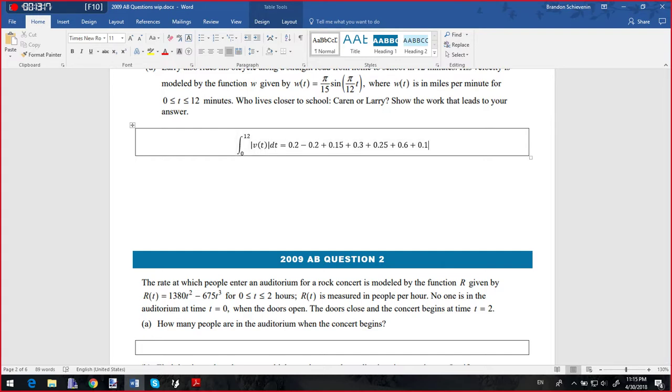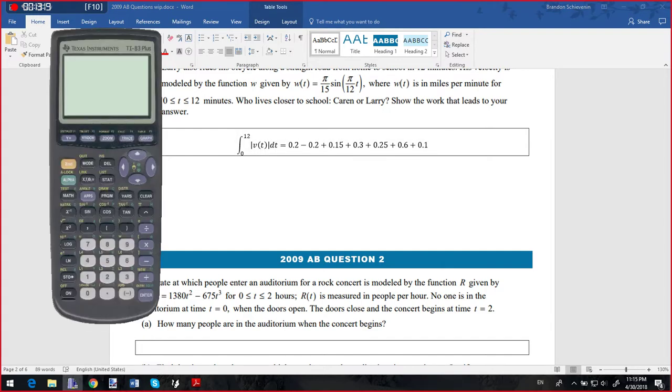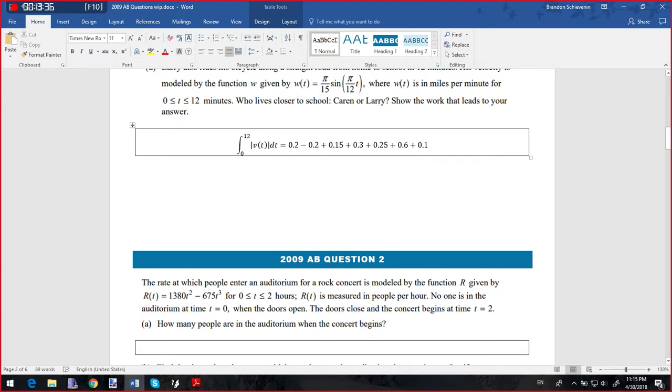Okay. So if I added all of this up now, I took away 0.2 and then I subtracted a 0.2. So really we traveled 1.76 miles total.